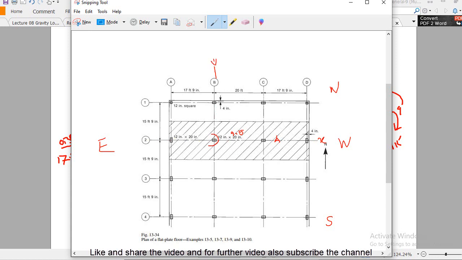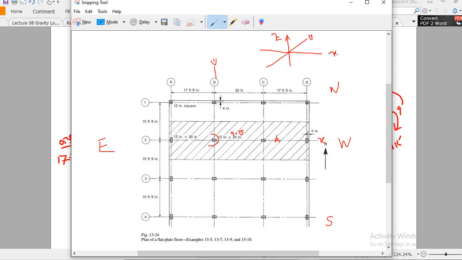Now this moment is about the z axis. It should be remembered in the plane. But if you represent this situation in 3D, let's say this is my z direction, the height is along the z direction, this is my y axis, and this is my x axis.